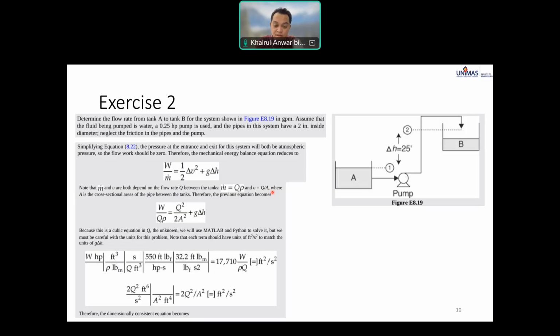Note that each term should have units of feet squared per second squared to match the unit of g delta H. Okay, so W in horsepower, this is the unit for density, flow rate, and unit conversion.